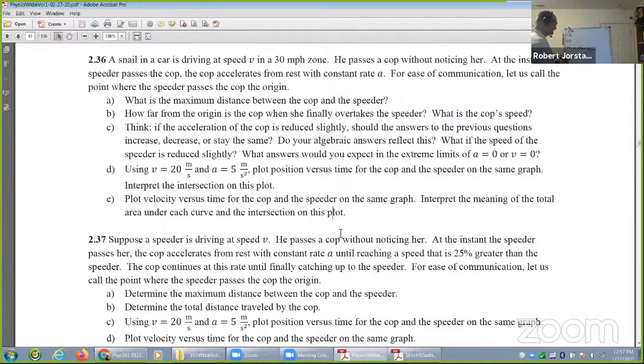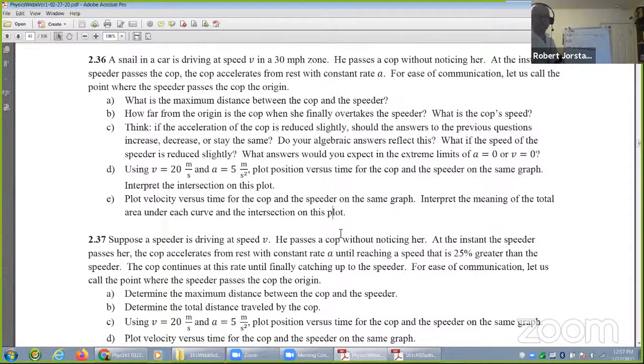We want max distance between. We're told the snail is driving at speed v, constant speed.